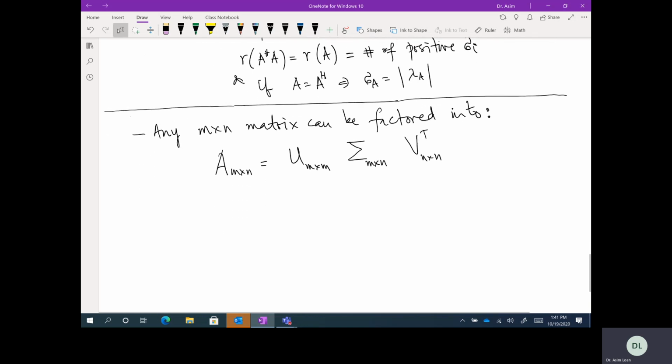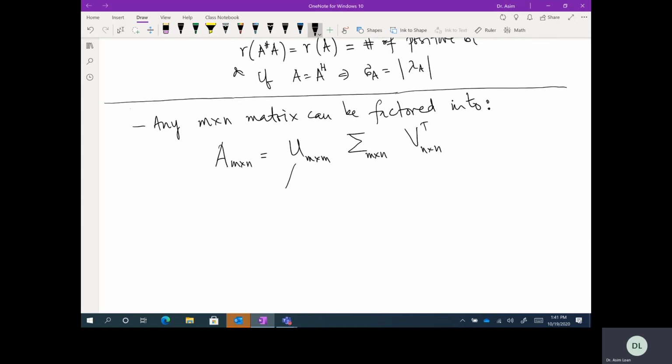So these are orthonormal matrices, or if it's complex, then this would be unitary. Orthonormal or unitary matrix.